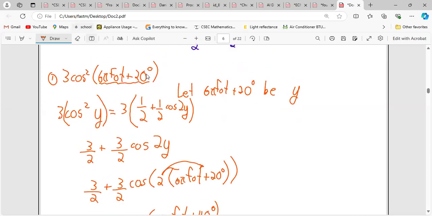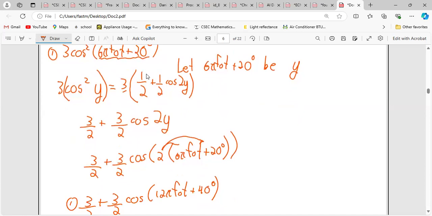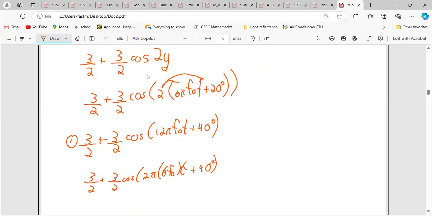So in this case, I'll let this be y. So cos squared y, plug in the trig ratio, you expand your bracket, because it had a number before, and then I finish here. Now I plug back in my y, making sure I'm putting brackets, expand the 2, and then I can finally factorize the 2 to get it in the form that I want it to be in, right? And then I check everything is positive, so I'm good.